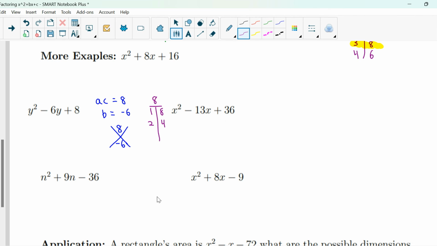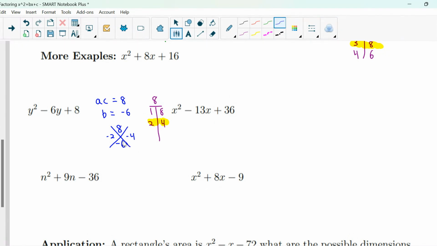Since it multiplies to a positive number, we either need to have two positives multiplying or two negatives multiplying. Well, in this case, let's try our negatives. -1 plus -8, that's going to give us -9, so that doesn't help. But -2 and -4 would give us -6. So that means that our two factors are going to be -2 and -4.